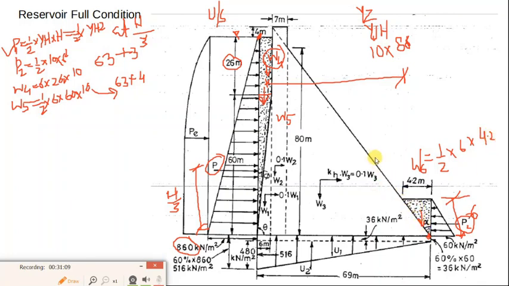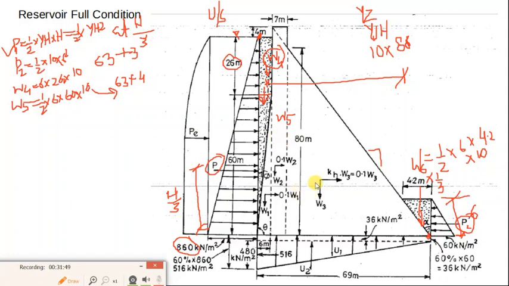This is the slope, and by using this slope you can calculate the 4.2, likewise we have calculated in the previous wedge. And the lever arm is from the toe, so 1/3 of this 4.2 will give you the lever arm. So this is how you calculate the weight of water column.